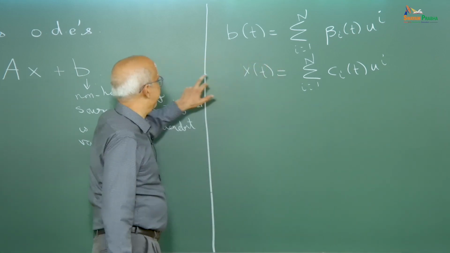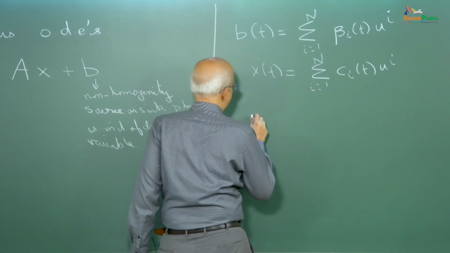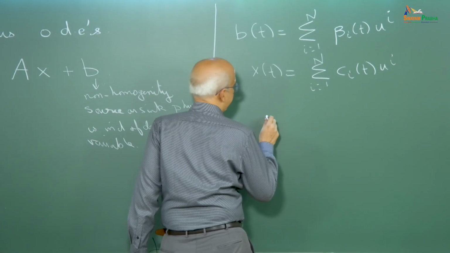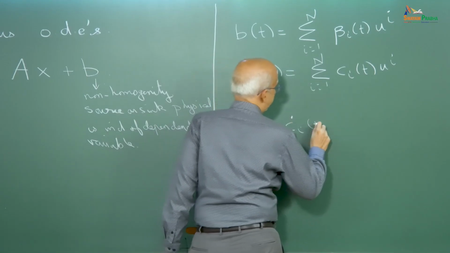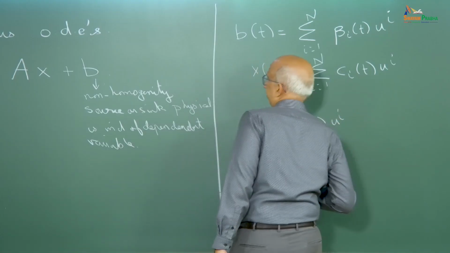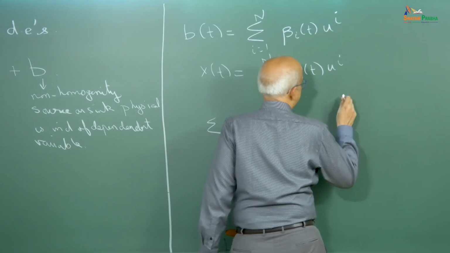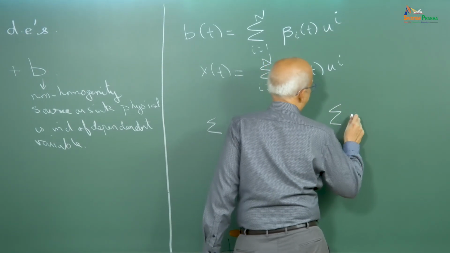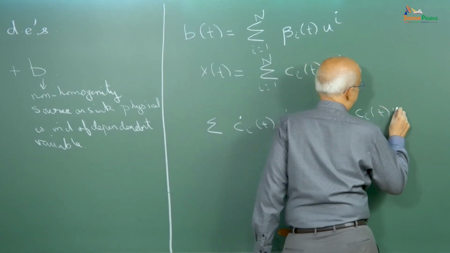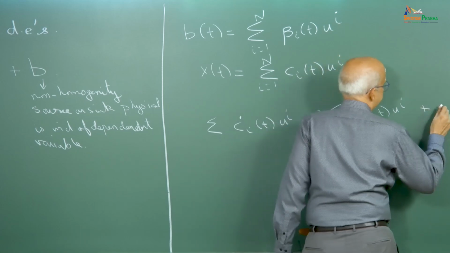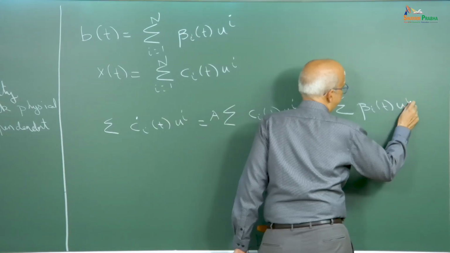I want x to satisfy this equation, so I write x dot of t as sigma c_i dot of t u_i equals A times sigma c_i of t u_i plus sigma beta_i of t u_i.